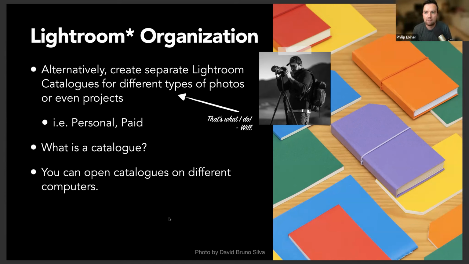I've had a peek into Will's world here. At least for myself, I don't deal with catalogs. I have one catalog, it has everything in it. It's organized, but I'm realizing that it's almost like having a Word document or a journal that I journal all my personal stuff in, all my work stuff in, all my financial stuff in, all in one massive thing.